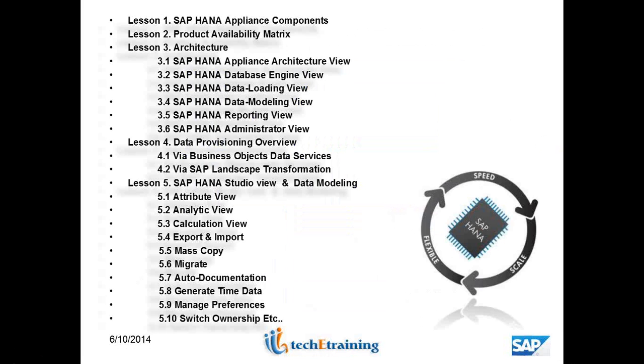In the next slide over here, we have the list of the topics. This is going to guide us to keep track of our progress per session in the training program. So in the first session, we will have a basic awareness about HANA, the High Performance Analytical Appliance. What does it offer? Is it a software or is it a hardware? Is it an appliance? What are the components? Why is HANA so preferred?